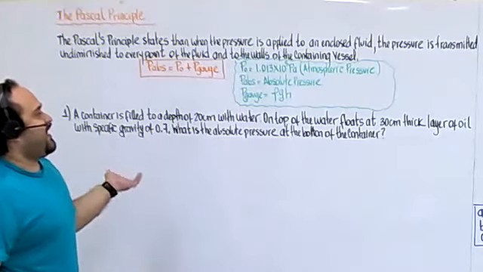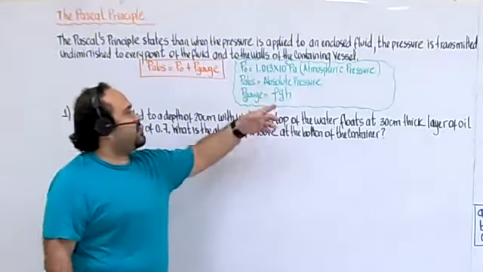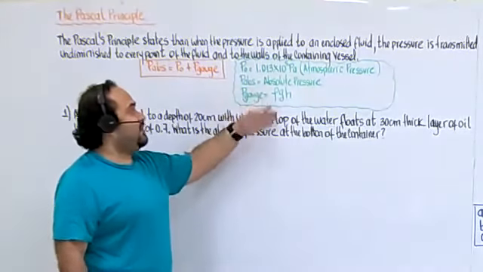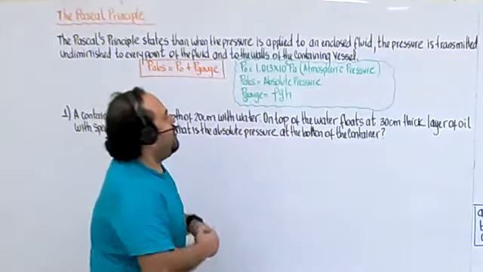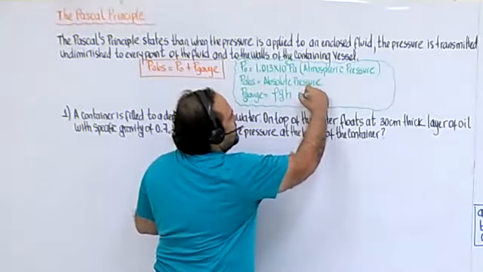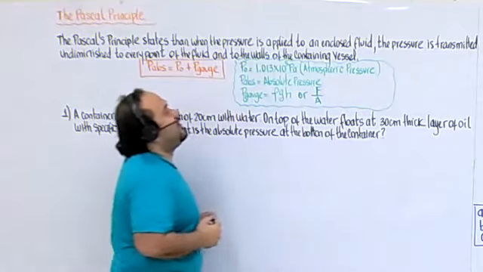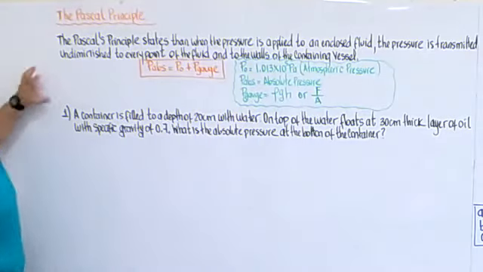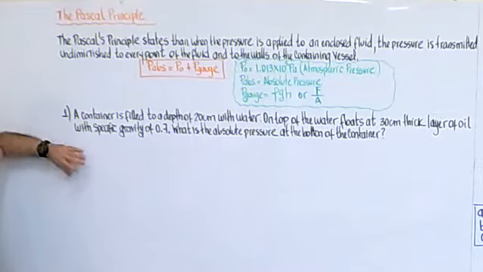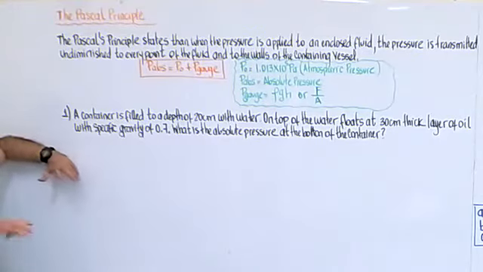For example, we have two formulas. One of them is the gauge pressure as a function of depth, or if you want to say, the applied force divided by the area. And this similarly works as another application, the deformation of solids, but this time we're going to talk about the liquids.